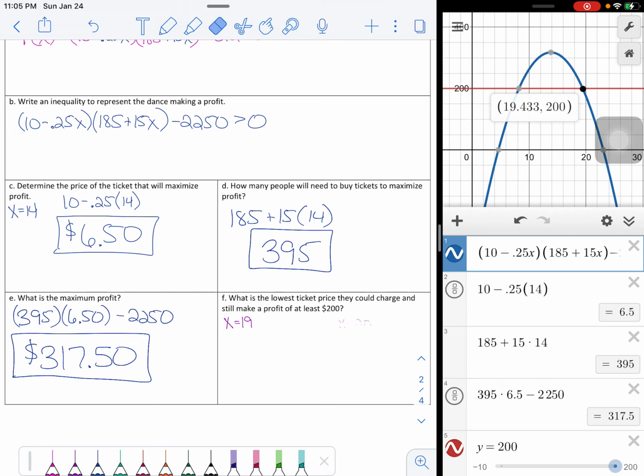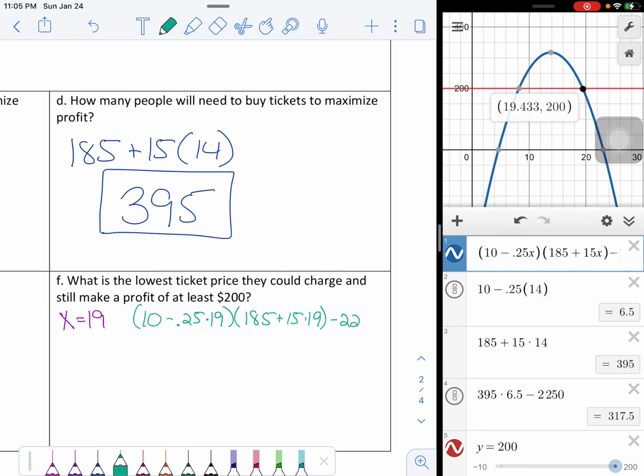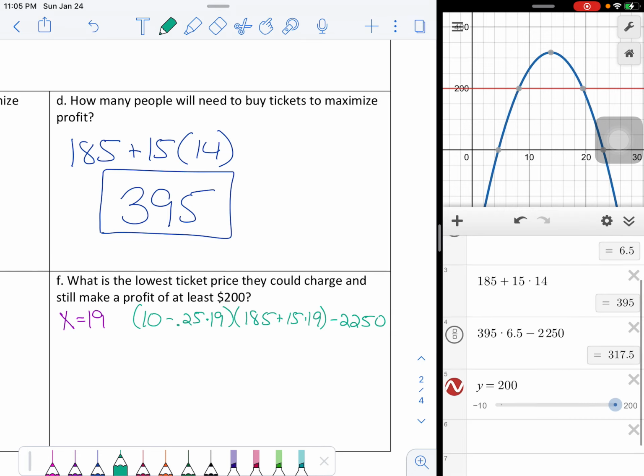Let me delete this out and make it go the other direction. Okay, so if x equals 19, we're going to do 10 minus 0.25 times 19 and 185 plus 15 times 19. And then take that answer, subtract 2,250, and let's see what we get.